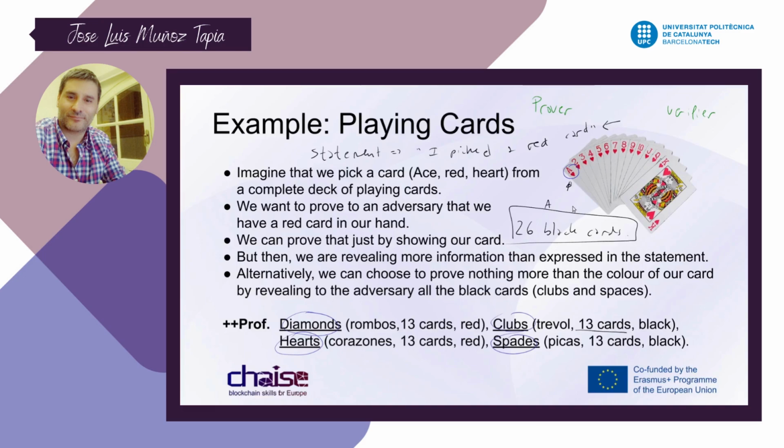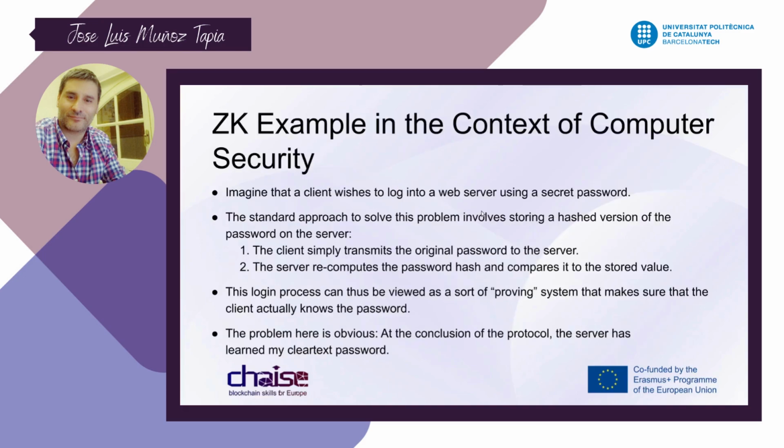Now let's see examples of zero knowledge in the context of computer security. Still, this is not for blockchain, but in general for computer security. Imagine that you want to log into a server and you want to use a secret password.